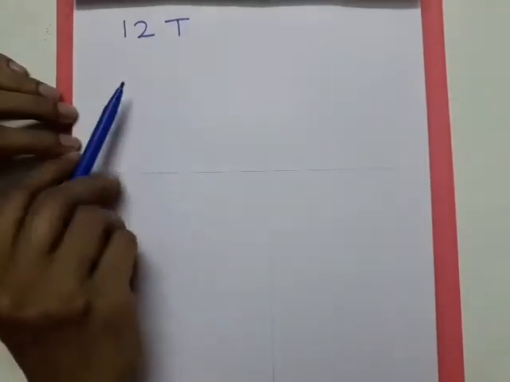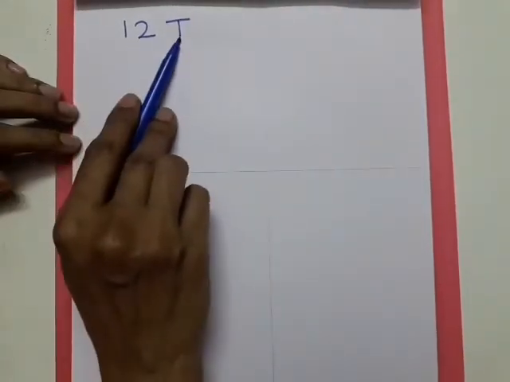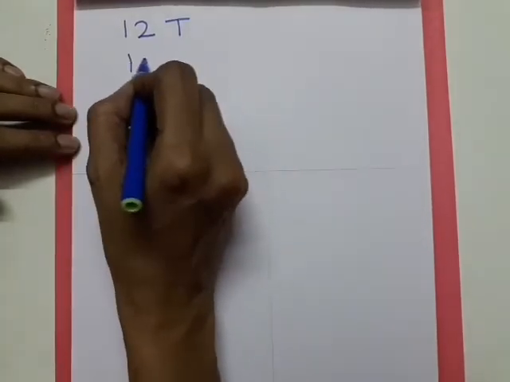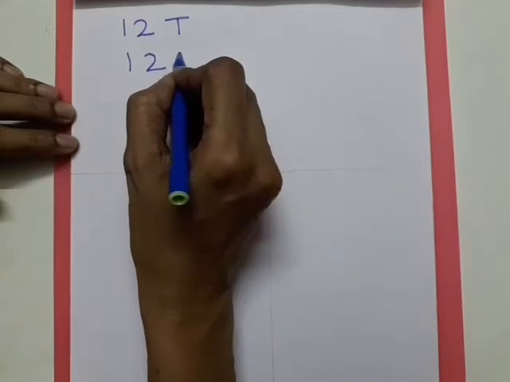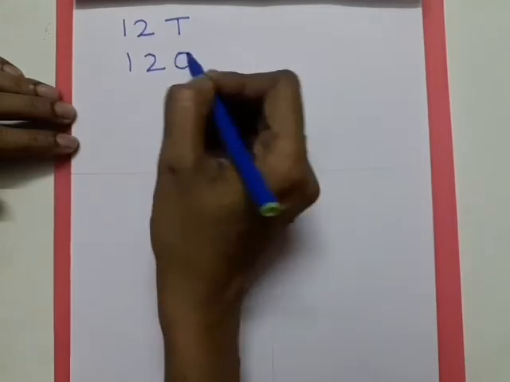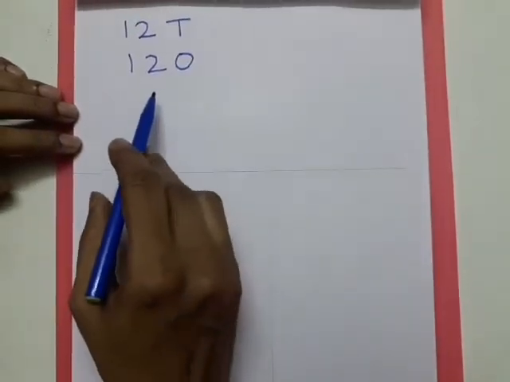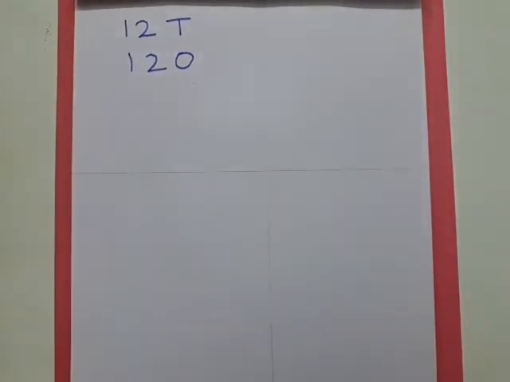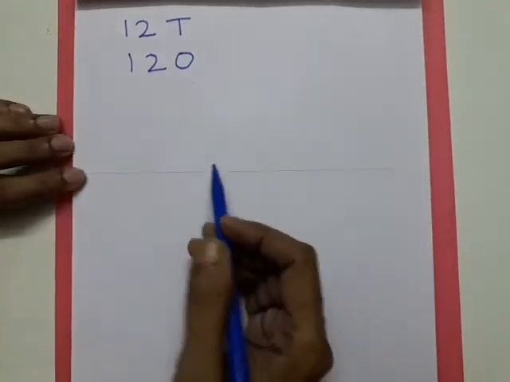Now what is the meaning of 12 tens? 12 tens means 120. Now this 120 number, we have to do it in the expanded form. We have to show this number in the expanded form. Now how you are going to show this number in the expanded form?